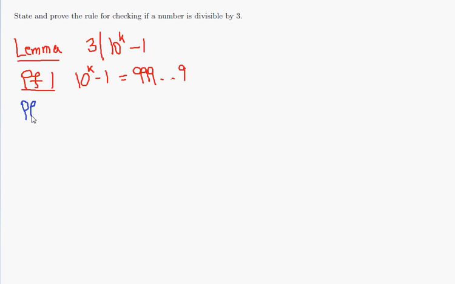Proof number 2 is that 10 to the k minus 1 is equal to 10 to the k minus 1 to the k. And we have a rule for factoring the difference of kth powers.